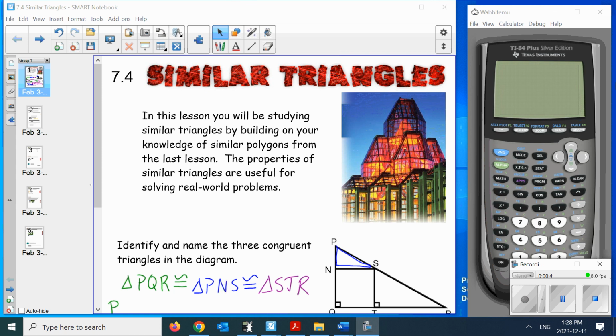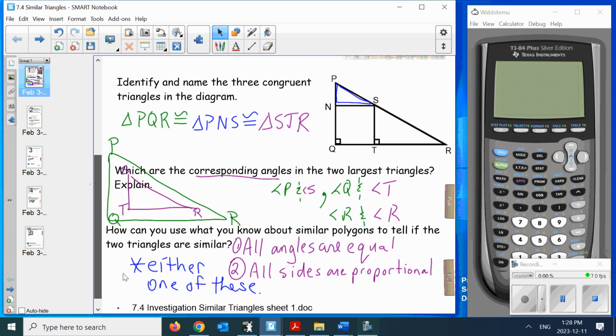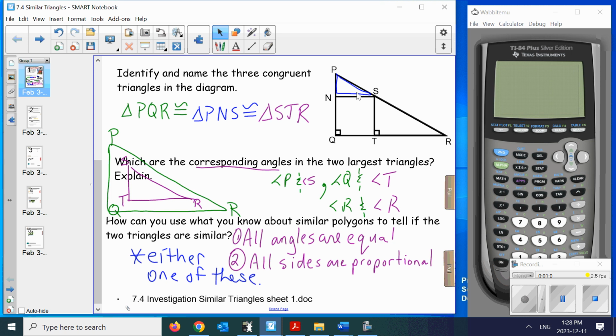Similar triangles. We started this last week. We just finished an activity, but just to review on our similar triangles lesson, we looked at this here and said that there's a bunch of similar triangles in here, 3 of them to be exact. So here's a good question.